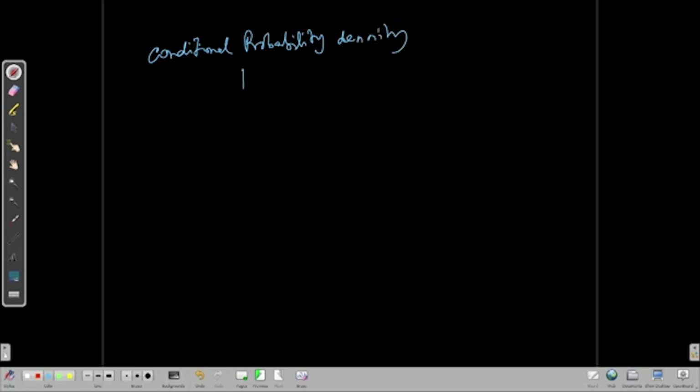Suppose I am doing the same experiment. We are given two jointly random variables as before.